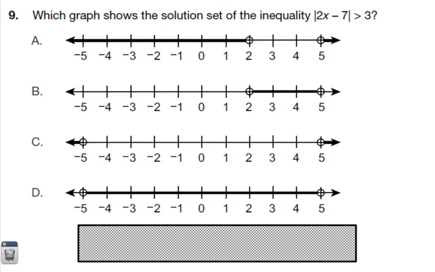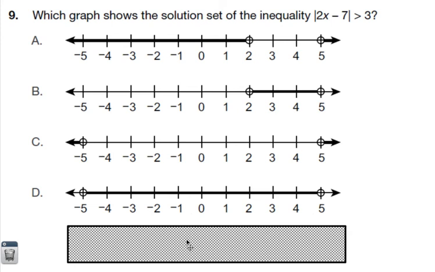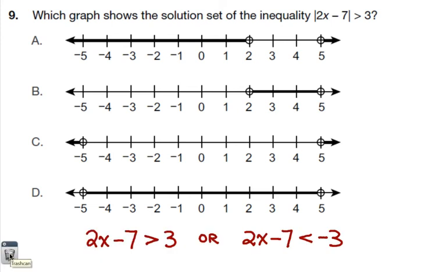With absolute value inequalities, what you want to do is isolate the absolute value, which is already done, and then break it up into two cases. As the famous Mr. Birchanowski would say, there are two vertical lines that make up the absolute value notation. That means there are two different cases. Case number 1, when you drop the absolute value, is just 2x minus 7 is greater than 3.